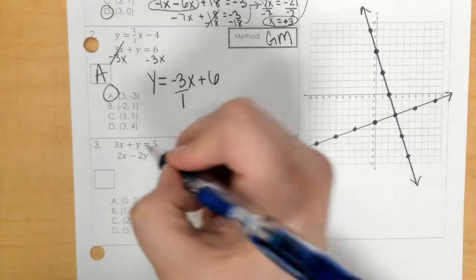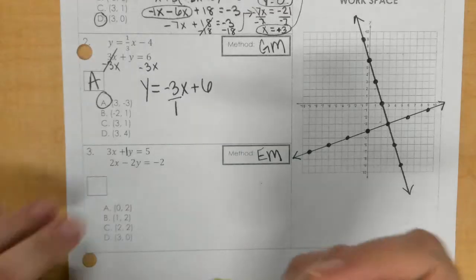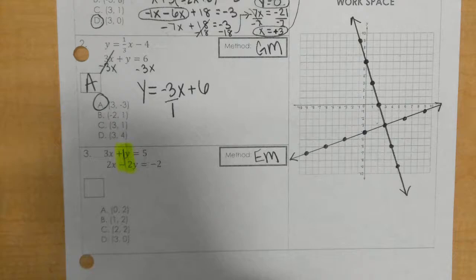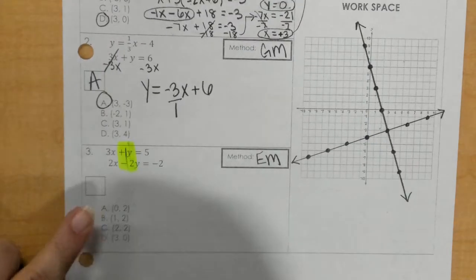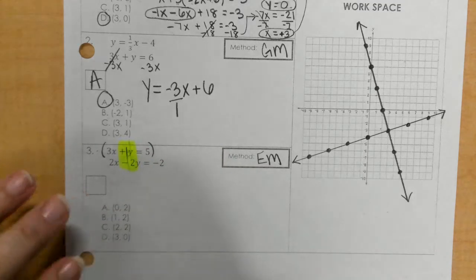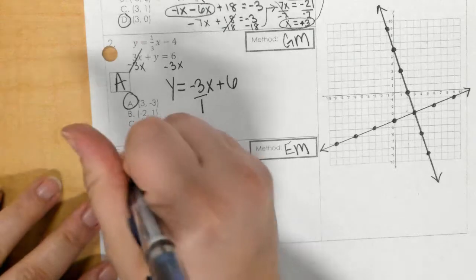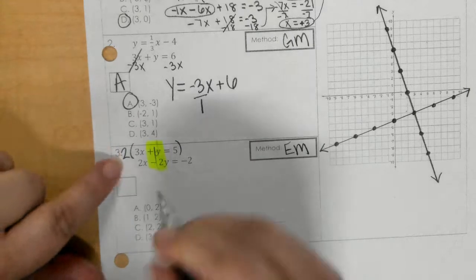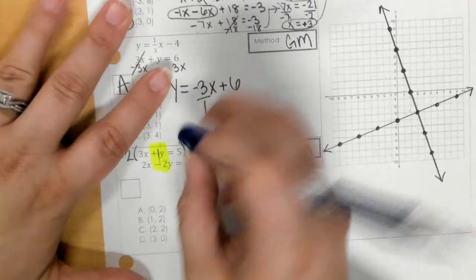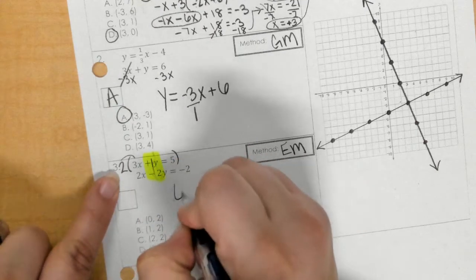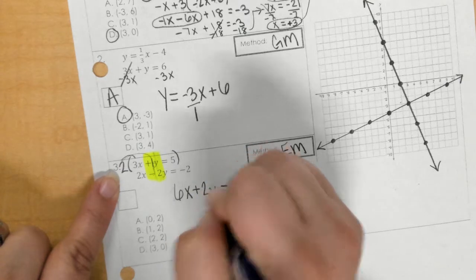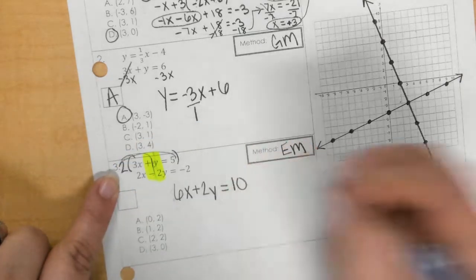And then lastly, if we want to cancel our y's, we need a negative 2 and a positive 2. So what times 1 makes 2? 2. So I would multiply the top equation by 2. And that gets 6x, 2y, and 10.